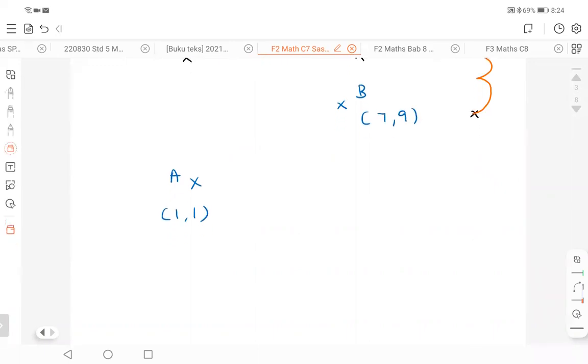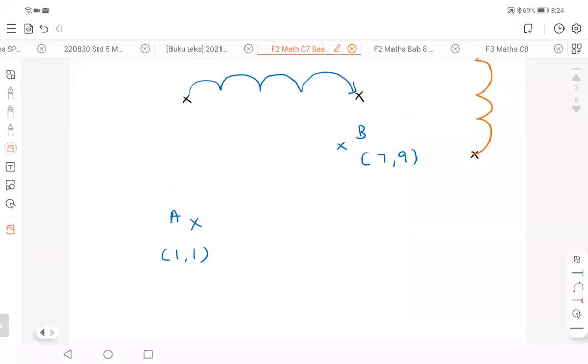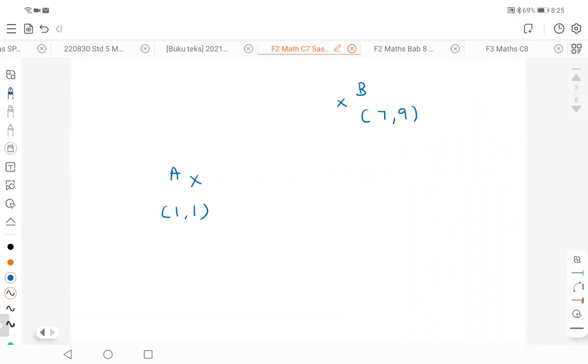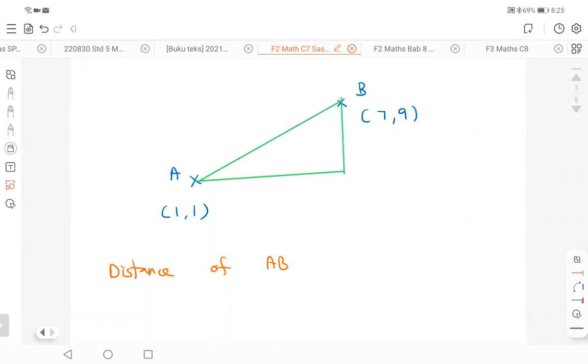So next question: how to find the distance AB? You cannot count like that. You have to use the formula. If I join these 2 points, it's like the hypotenuse of a right angle triangle.